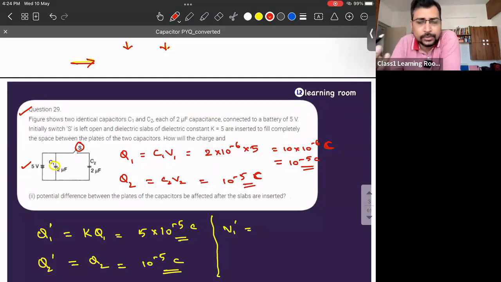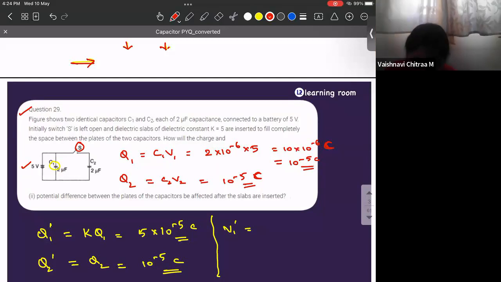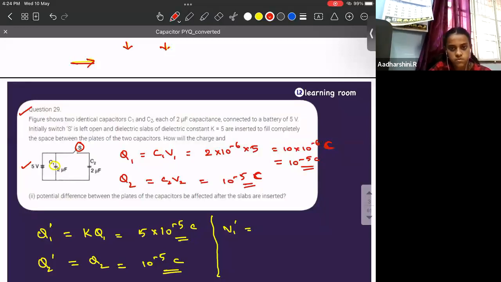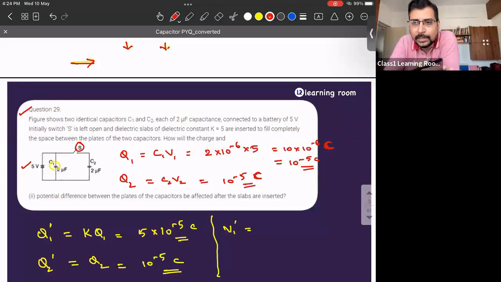What is happening in your notes? Is the table not there? So for battery connected, it is V0, and disconnected, V0 by K. That's what I'm asking. So for which one is the battery still connected? For C1, the battery is still connected. So what will be the potential across it?